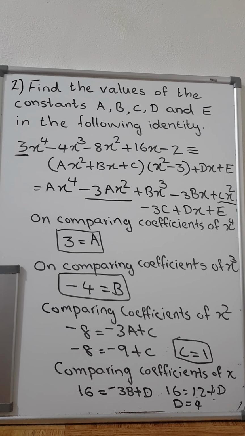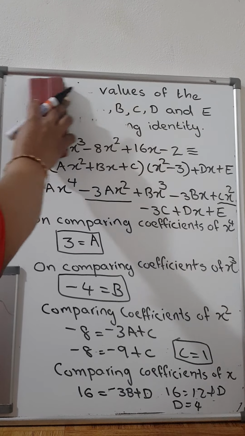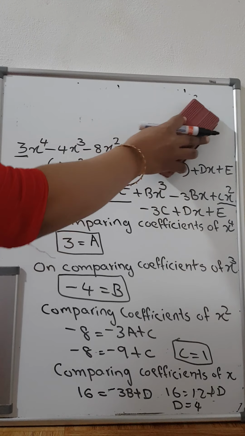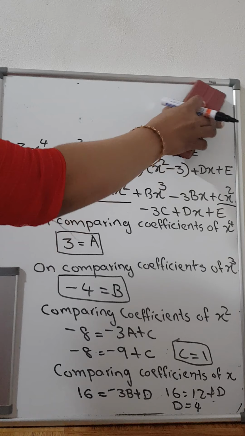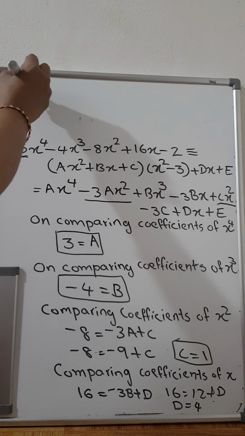Now we need to find e also. For that we have to compare the coefficients of... no, we don't have anything remaining, so we have to compare the constants. So I'm going to remove this part. Compare constants.